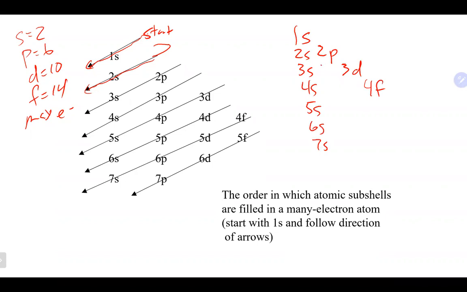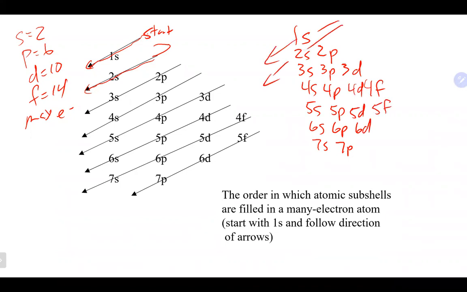This would then be 3p, 4p, 5p, 6p, 7p, 3d, 4d, 5d, 6d, and 5f. Really quickly on a piece of paper, you could recreate that for yourself. All you have to remember is 1, 2, 3, 4. Just put the numbers down underneath there. Any questions on that?